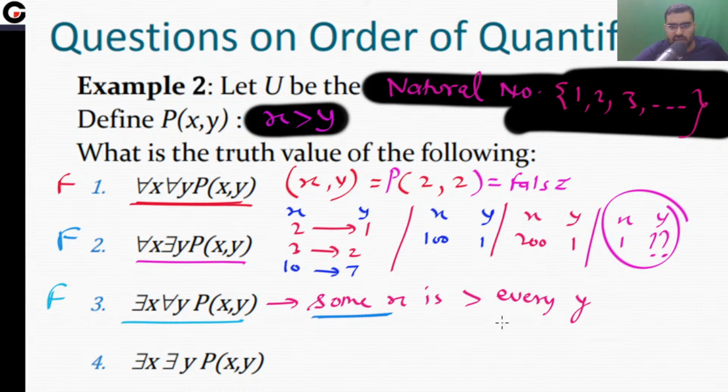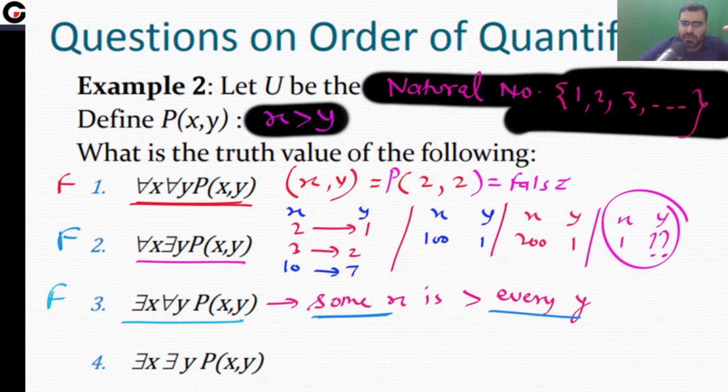Is there any natural number which is greater than every natural number? The answer is no. There is no natural number which is greater than every natural number. So this is definitely false.